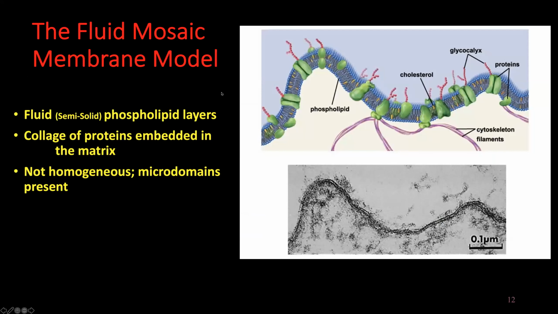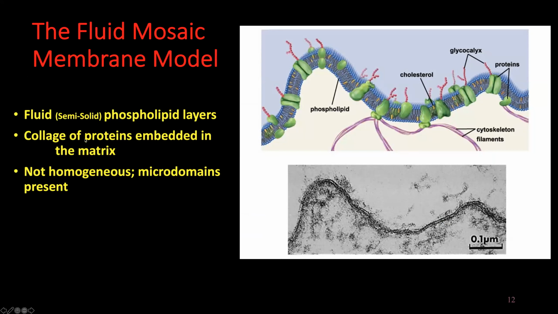Now, I want to give you an impression of what a membrane is really like. And the best model of that is called the fluid mosaic model. A fluid means semi-solid. So the phospholipid layers are fluid.